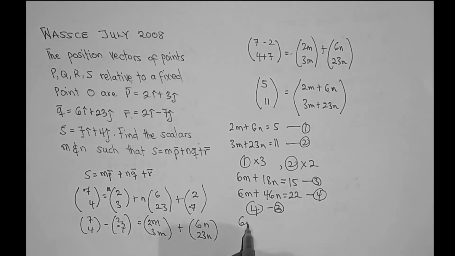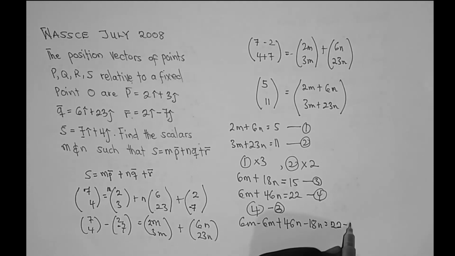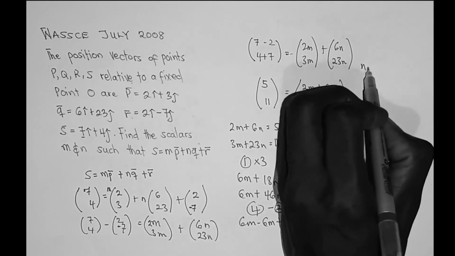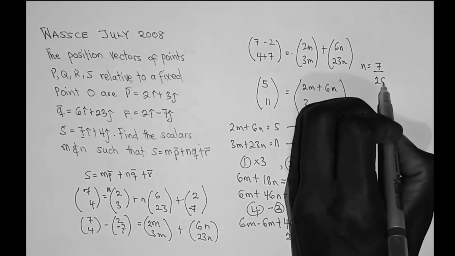So let's subtract equation 3 from equation 4. So we have 6m minus 6m plus 46n minus 18n equals 22 minus 15. 46 minus 18 is 28n, equals 22 minus 15 is 7. This implies that n is equal to 7 divided by 28.